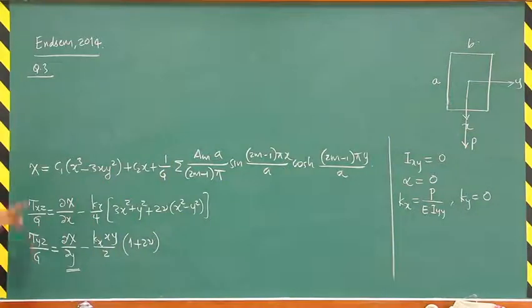Now we have to make use of this chi function in the stress fields to find an explicit relation for tau xz and tau yz.